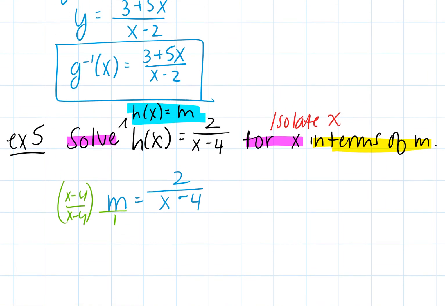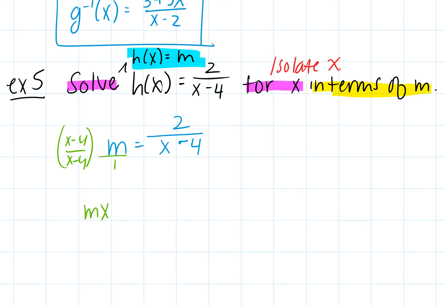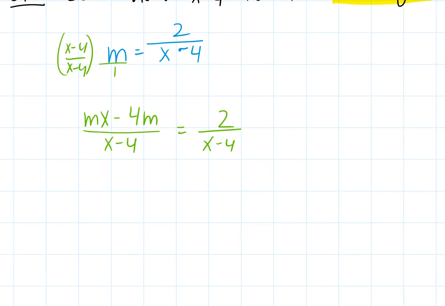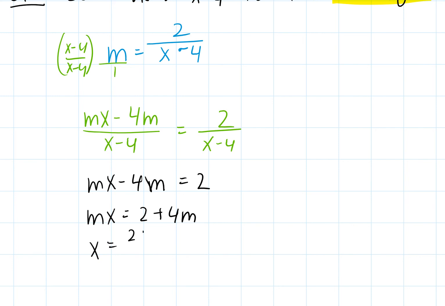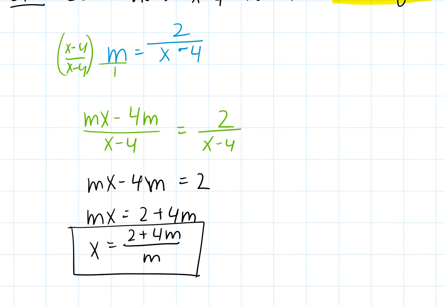So we have, in alphabetical order, mx minus 4m over x minus 4 is 2 over x minus 4. Now that we have the same denominator, we know that the numerators must be equal. And our goal is to solve for x. In terms of m, oh indeed, we did have m's in our final answer. And that's it.